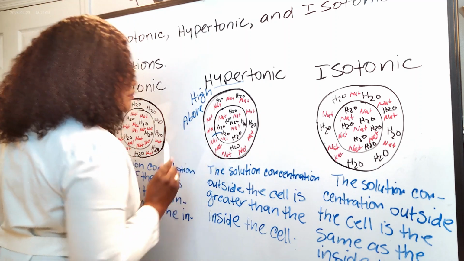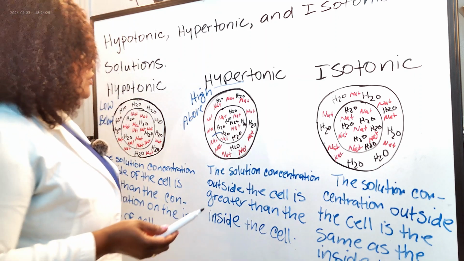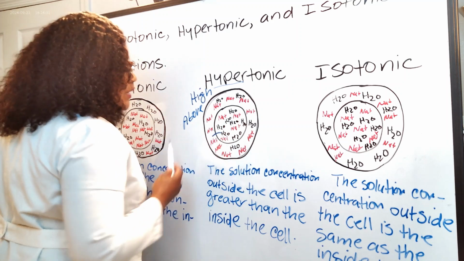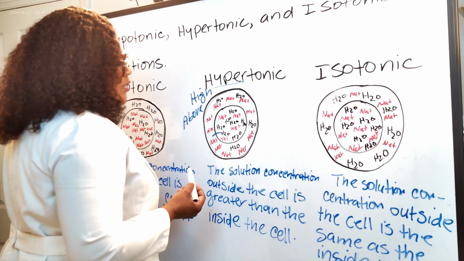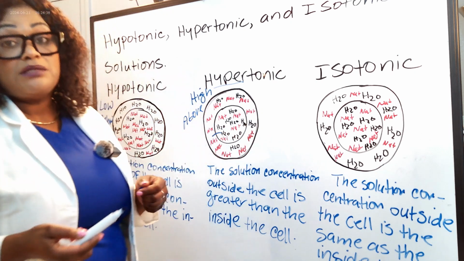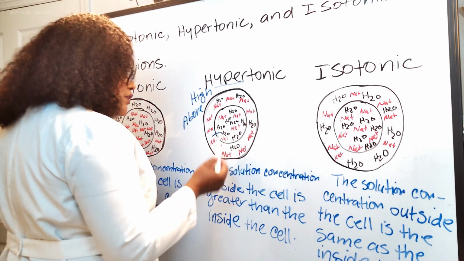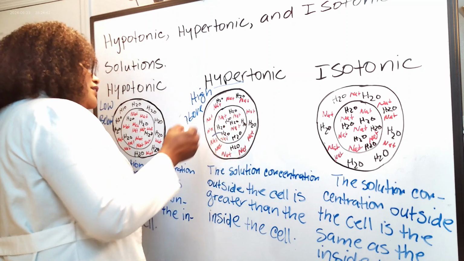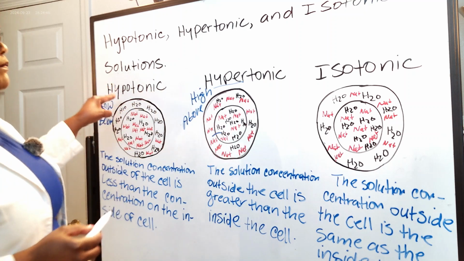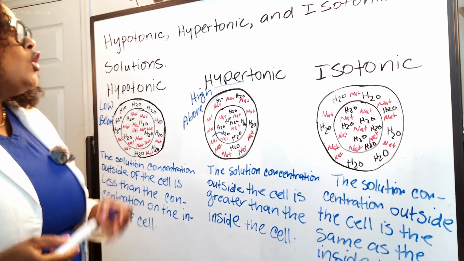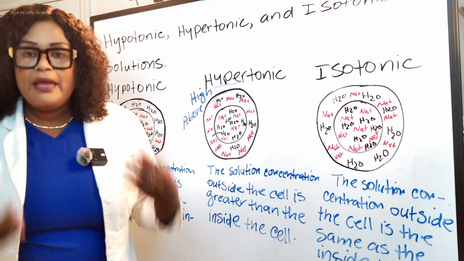Because sodium is a large particle, it won't be able to enter the cell. So, good thing for osmosis, the water is able to leave the cell and go outside the cell. In both cases, hypotonic and hypertonic, we have an electrolyte imbalance.